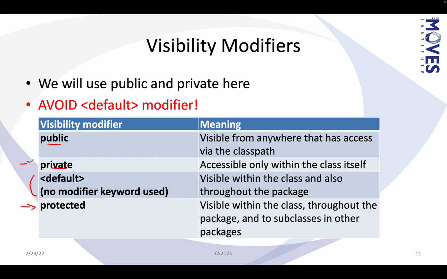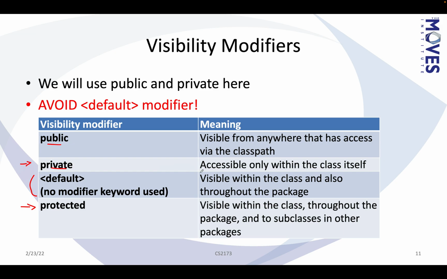Private is much more restrictive. In private, it's accessible only within the class itself and nowhere else. It's basically locked up. When we get to inheritance, that can lead to a little bit of confusion, but we won't confuse things until we get there.